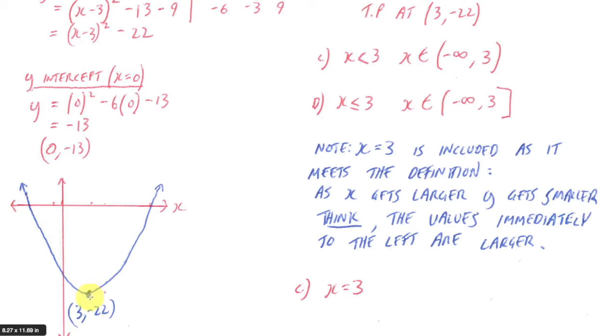It's the lowest value overall, but everything to the left-hand side is higher than it. So therefore, we are including that turning point. So we write that as x is less than or equal to 3. x is an element of the set (negative infinity, 3], circular at infinity, up to 3, including the 3, so therefore square bracket.